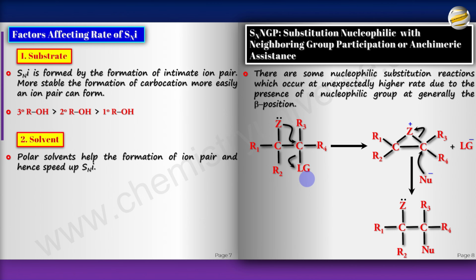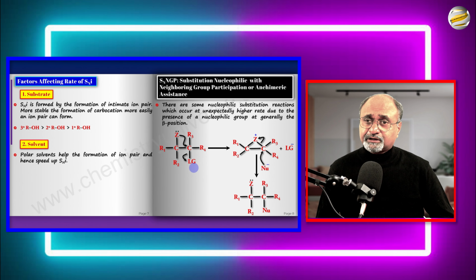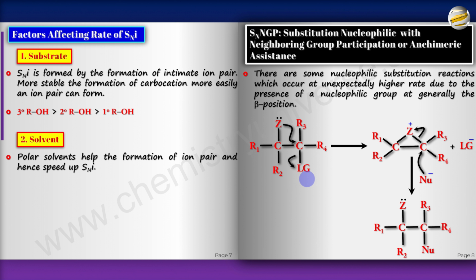Even though technically the product looks very similar to what it would have looked like had the nucleophile simply substituted the leaving group, the difference happens when you look at the chirality, the configuration of the carbon. So this is SN2 and this is RDS. This is also SN2 and this is RDS, the first step, the attack of the neighboring group.